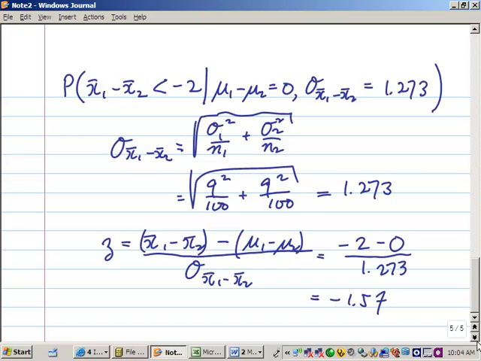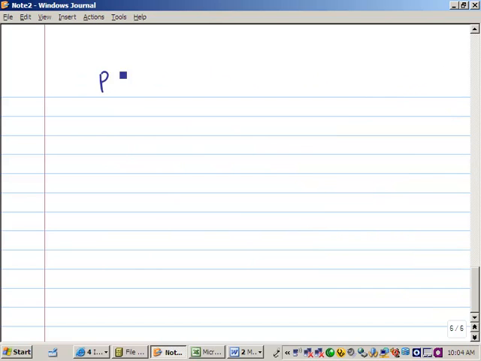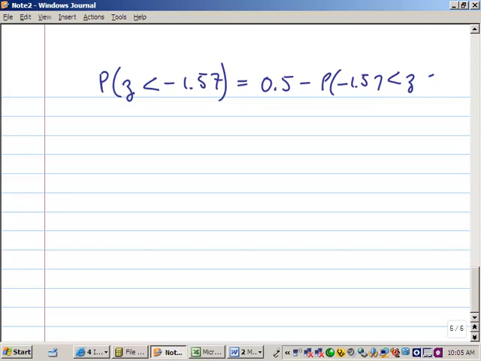Okay, and so what we're looking for on the z distribution is the probability of getting less than -1.57. It's an area in the lower tail as in the above diagram, so it's a half minus the value from the table from -1.57 to 0.